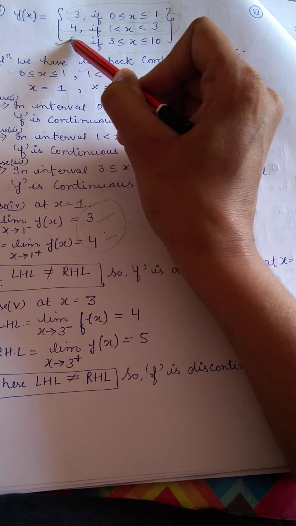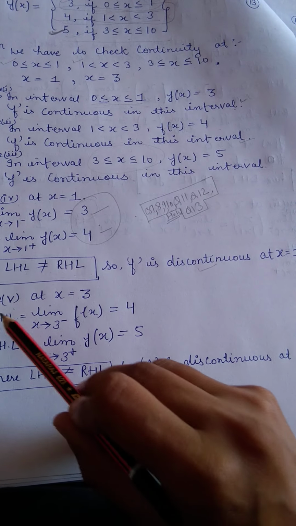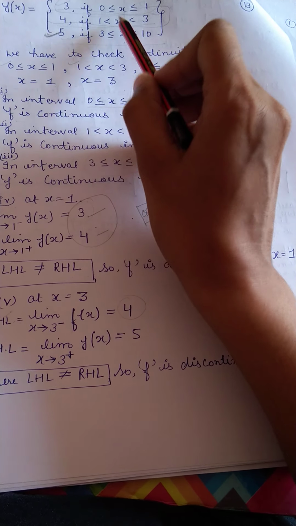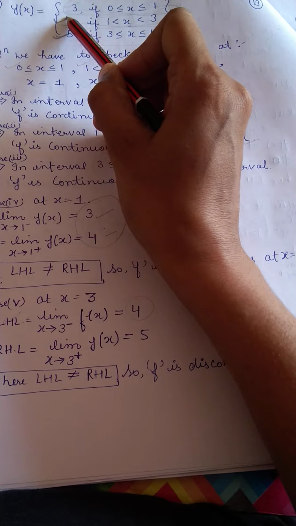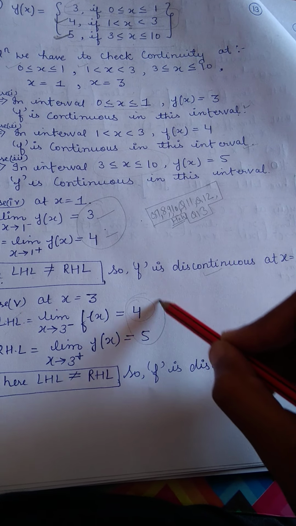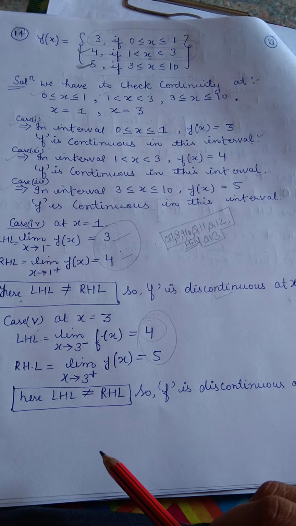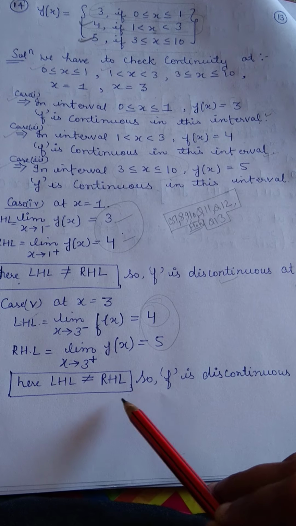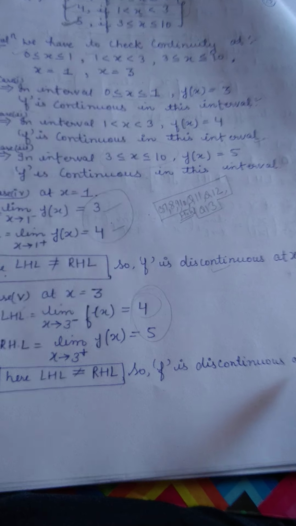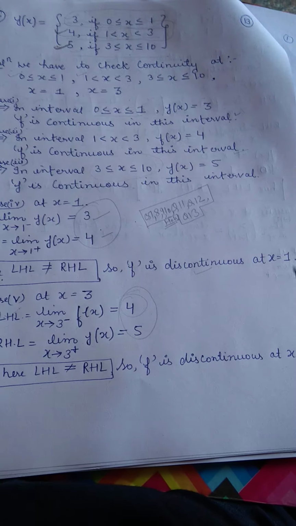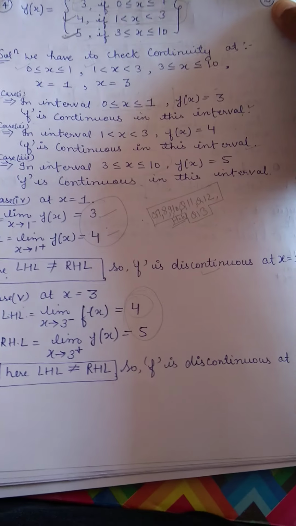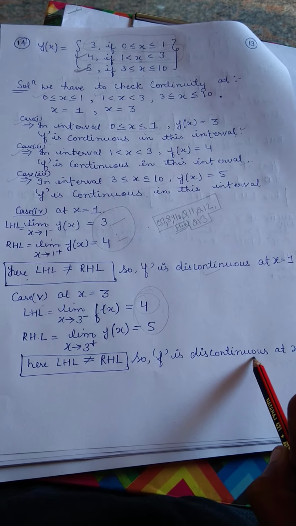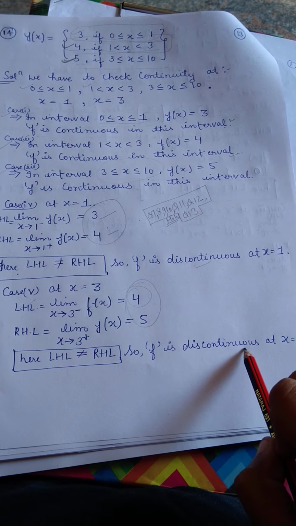Sorry बच्चे, for greater than it is 5 and for less than it is 4. The less than symbol is here, by mistake that was done, so it is 4. So again we have got two different values, and we conclude that here LHL is not equal to RHL, so f is discontinuous at x equal to 3. So regarding this question, we can say that at x equal to 1 and at x equal to 3, the function is discontinuous.